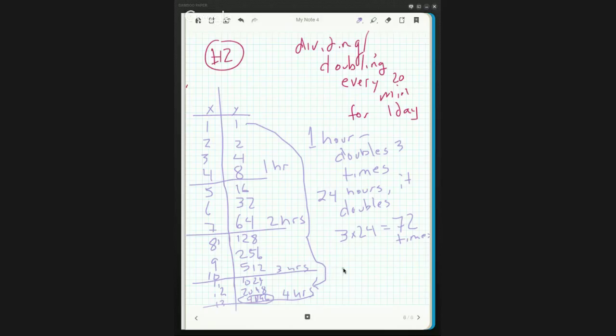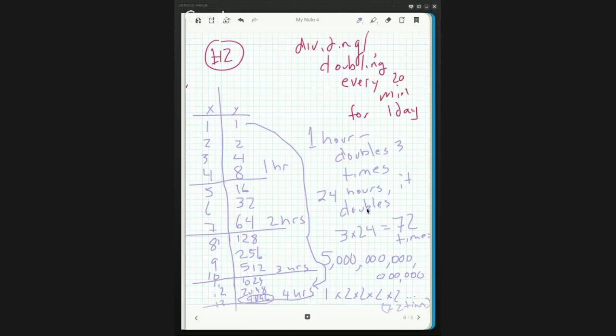bigger than 5,000 billion billion? Could it be this big? And so I encourage you to try it on your calculator, just hit 1 times 2, 1 times 2 times 2 times 2 times 2, 72 times.